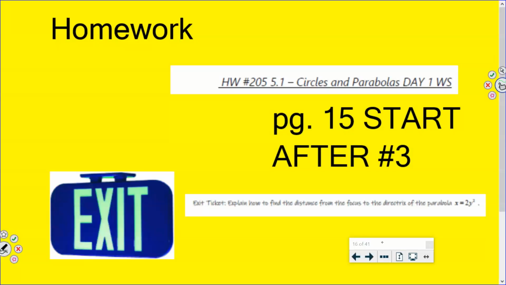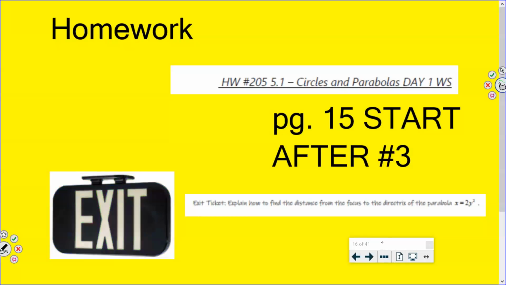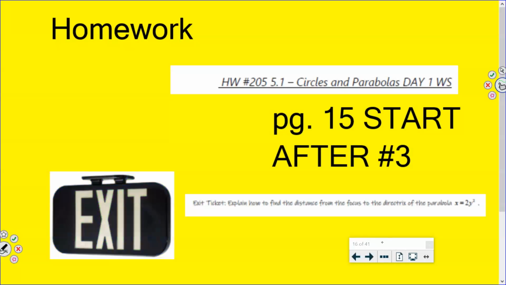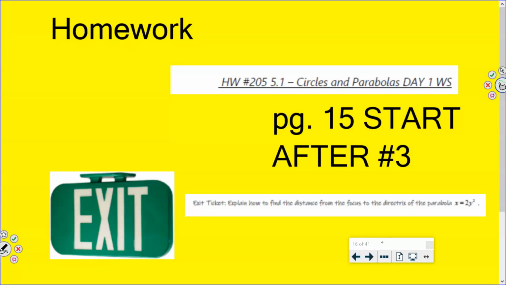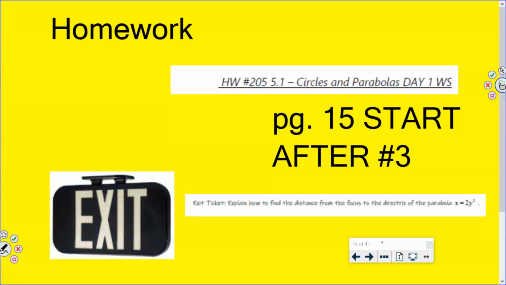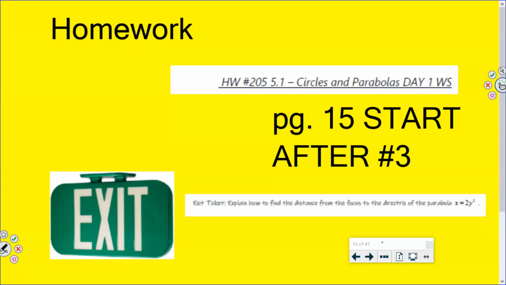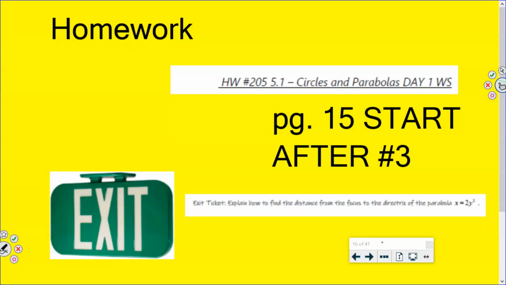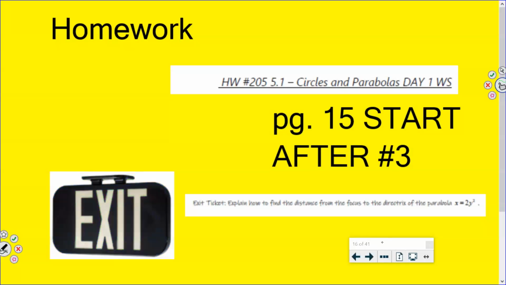That's why I said after 3. See where it says write the standard form for the parabolas? That's just where it starts. It's the whole entire thing after number 3, all the way to 12. That's right.